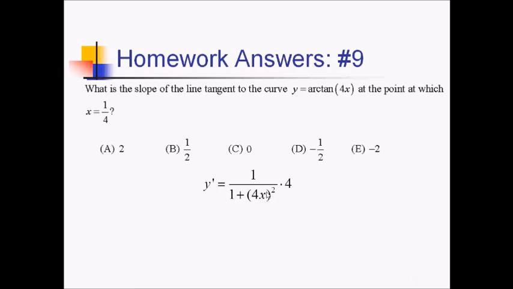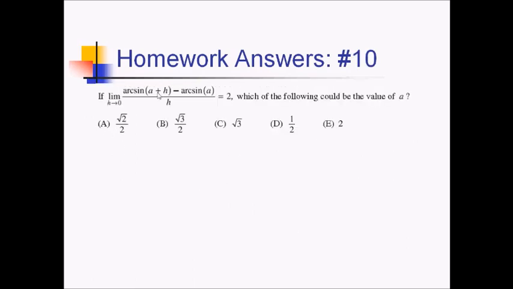And we could simplify this a little bit. I'm going to put the 4 upstairs, but other than that, I'm just going to immediately plug in 1/4. And here's why. 4 times a fourth, well, that's just 1, right? 1 squared is 1. 1 plus 1 is 2. So we just have 4 over 2, which is 2. Choice A.